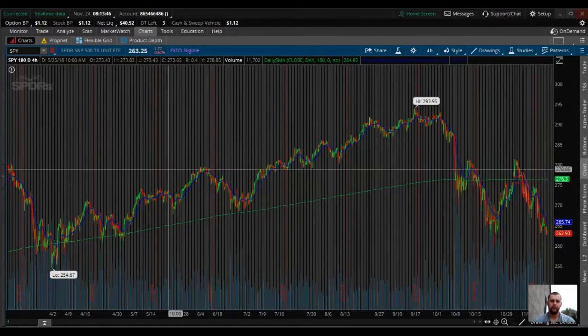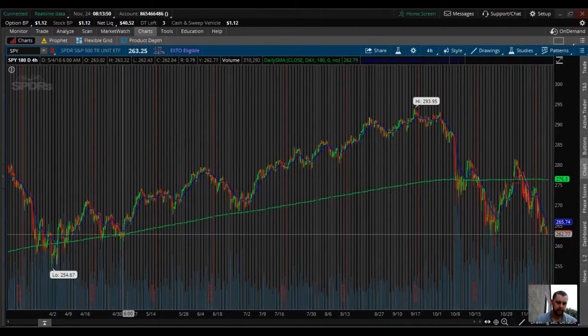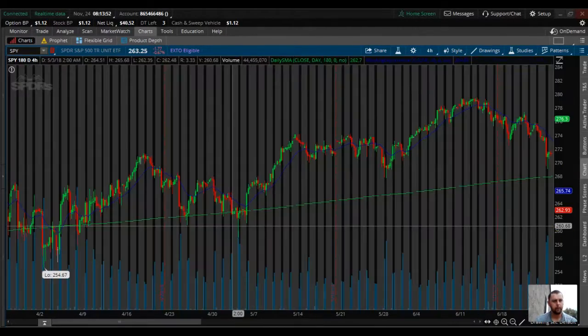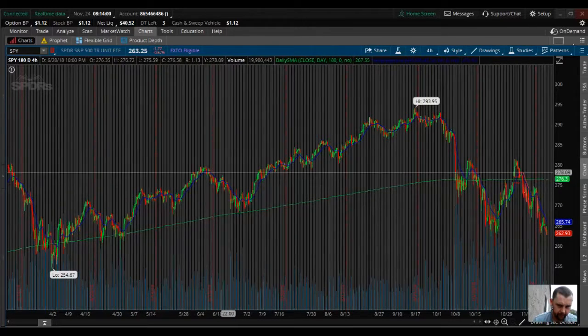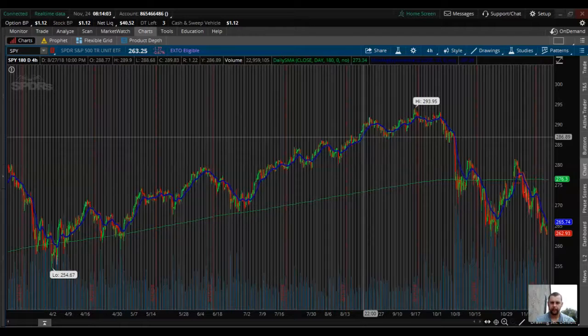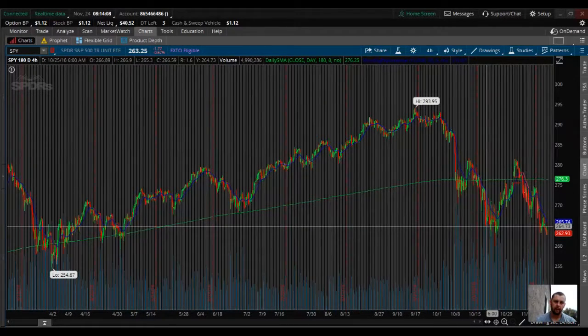For this 6-month period, we went up, came down, went up, came down. Then we started up, and now we did go down. We had a sell-off, and then we went below the blue line.